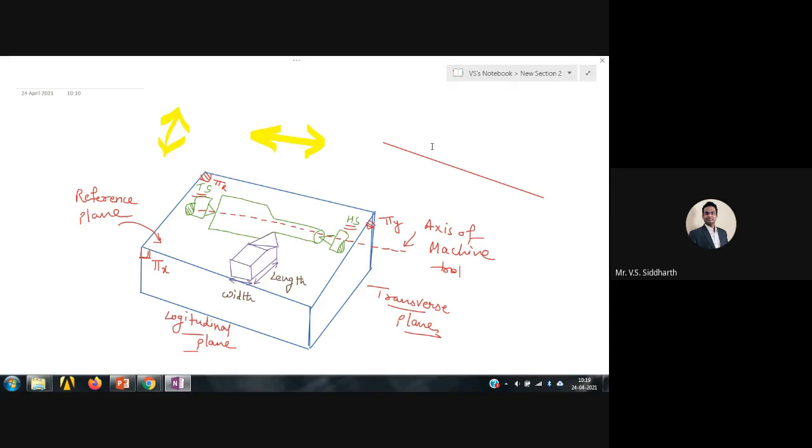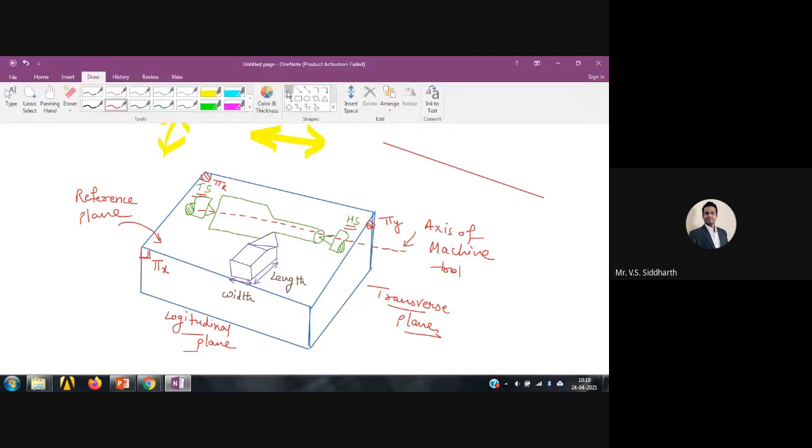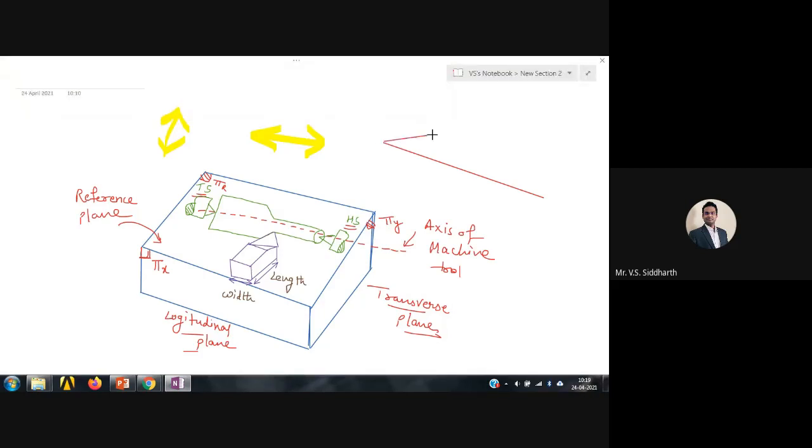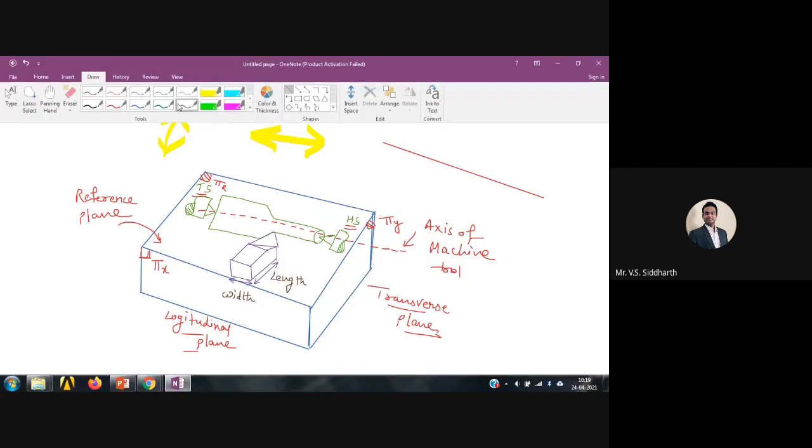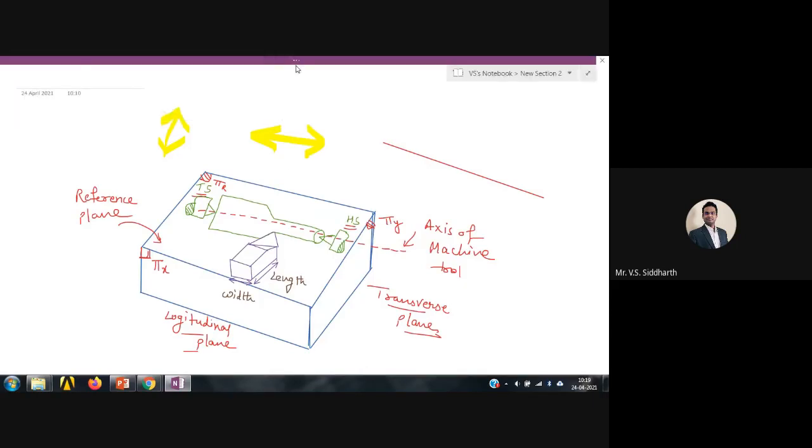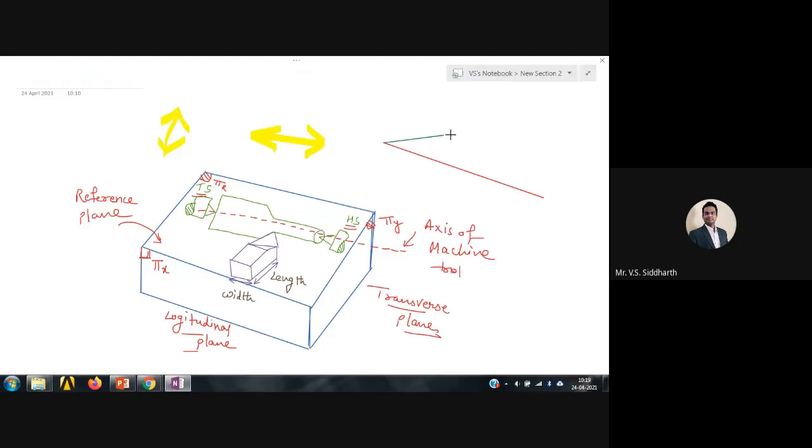So you understood the basic concept of angles: whenever you are given a line, with respect to which line you are measuring that angle decides what that angle is. For example, with respect to this line, if I measure, the angle will be something different. With respect to this line, something different.